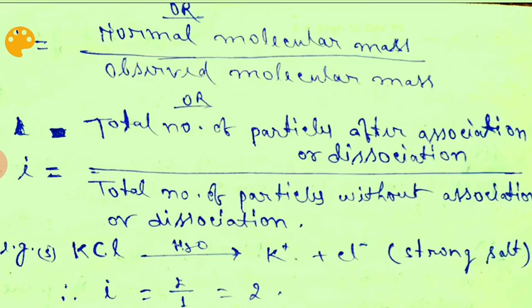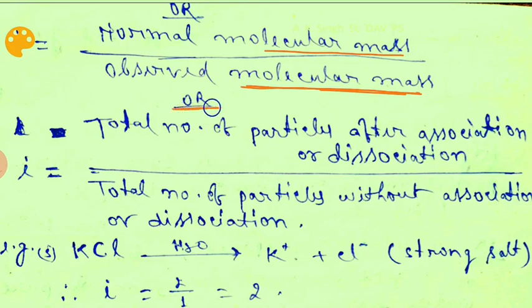Or we can write i is equal to normal molecular mass by observed molecular mass. Normal molecular mass is actually calculated by adding the atomic masses of all the elements, means molar mass, and observed molecular mass is the mass which is calculated according to association or dissociation of the solute particles.